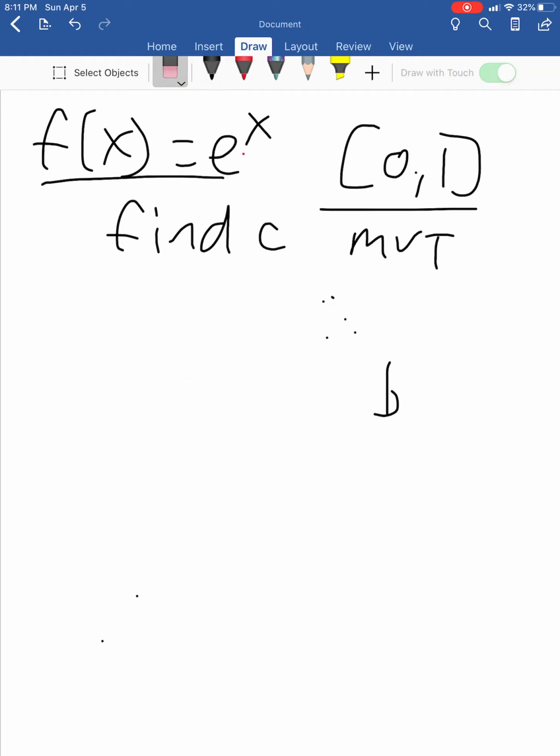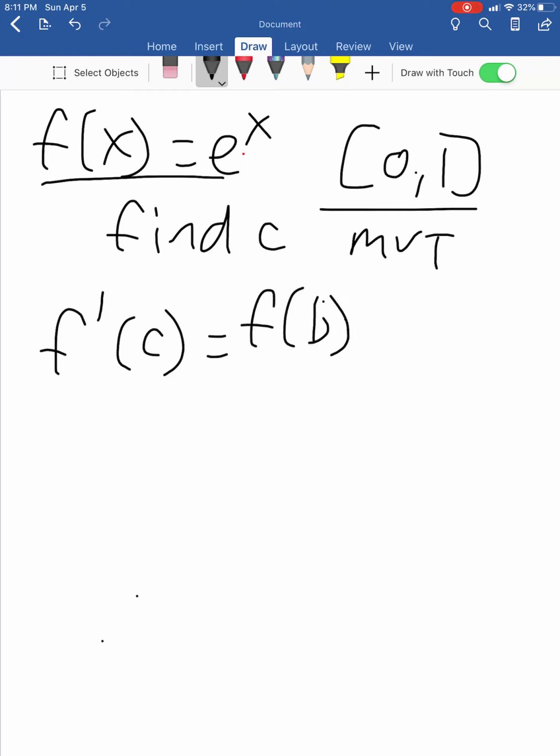So let's actually use it to solve this quiz question. Okay, so the mean value theorem, it's the derivative of the function at C would equal, and if you notice what I'm writing, it's just the slope formula, right? So there's the mean value theorem.